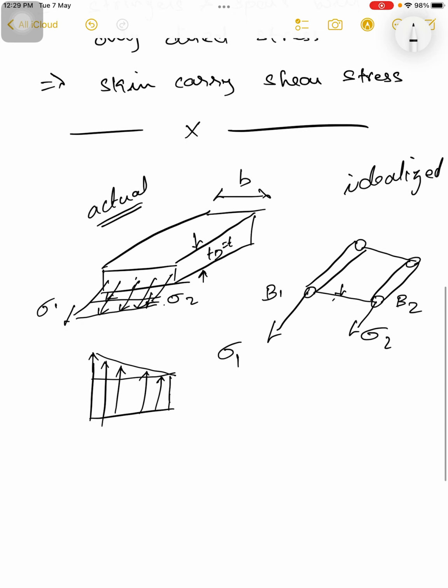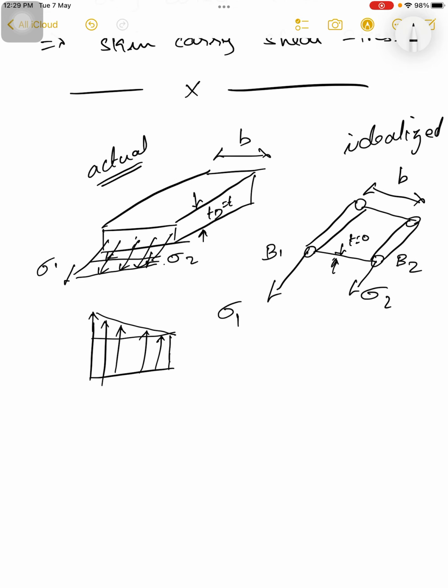So the thickness is T, and it will be equal to 0, and we assume the length is B. In our assumption we have made both this actual and idealized model behave in a similar manner.